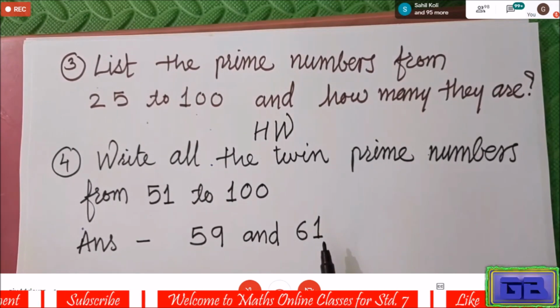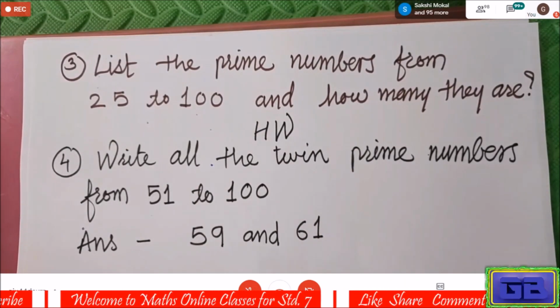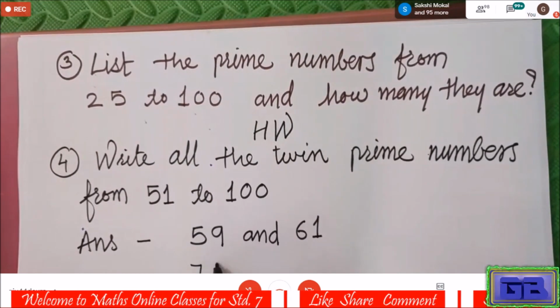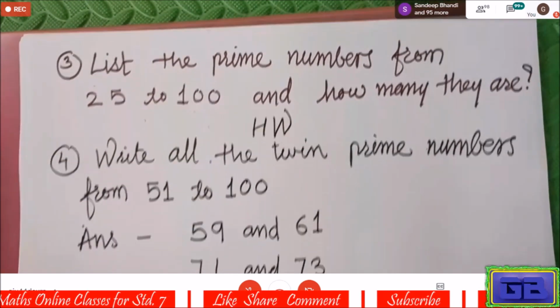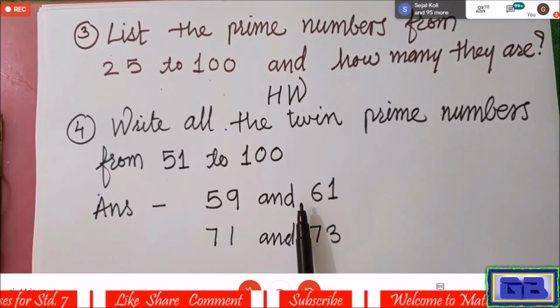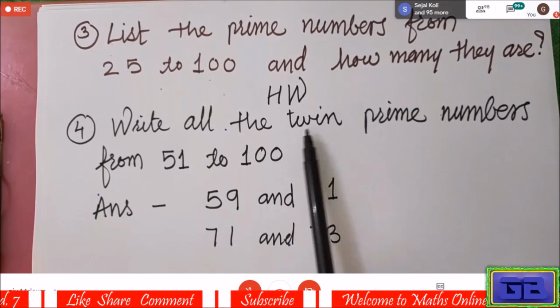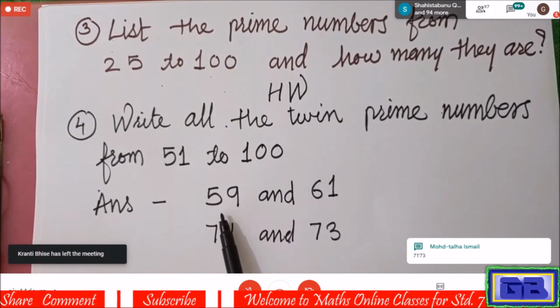71 and 73. 71 and 73, correct. So these are two examples of twin prime numbers from 51 to 100.